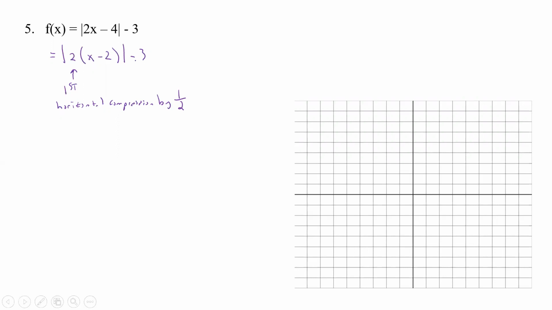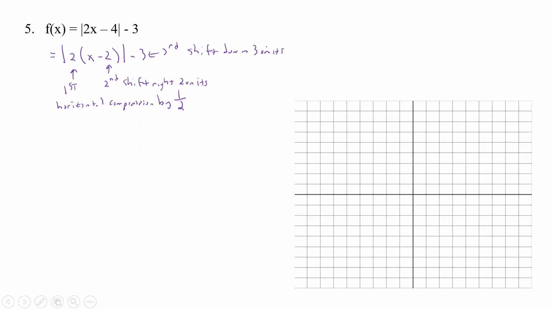Then after that, what are we going to do? Well, then we have this, and so that's going to be second, and that's going to be our h, and it's positive, so that means we're going to shift right 2 units. And then finally third, we have a k as -3, so we're going to shift down 3 units.